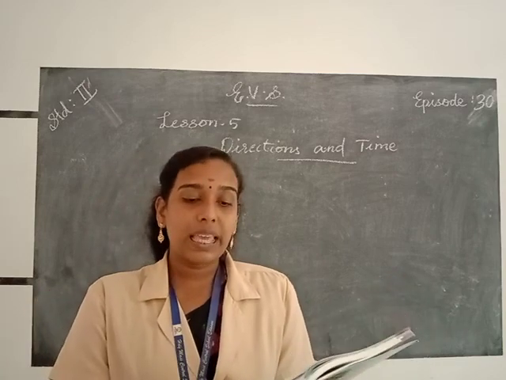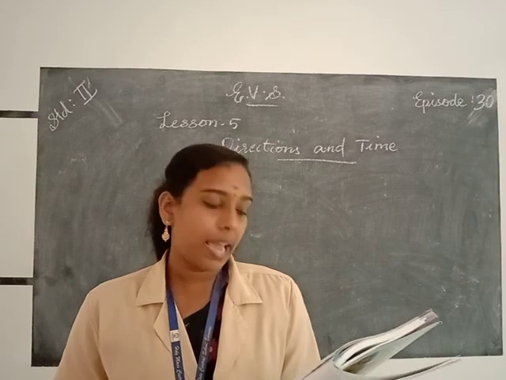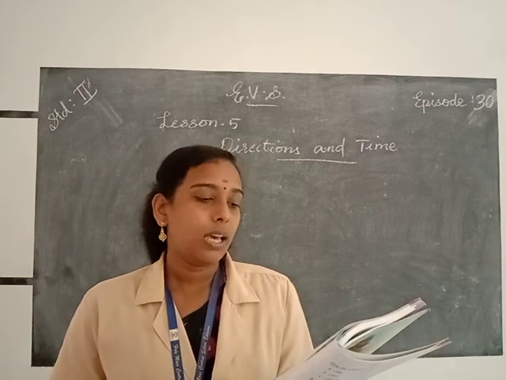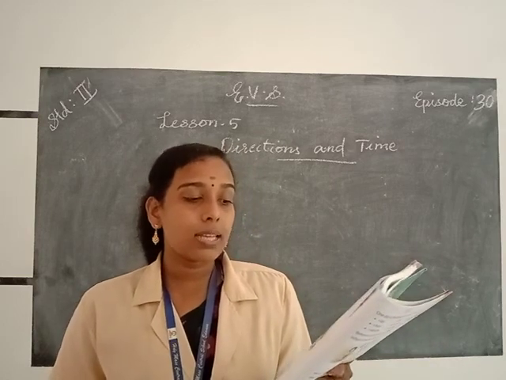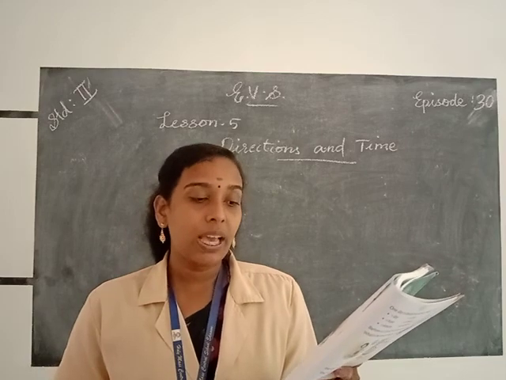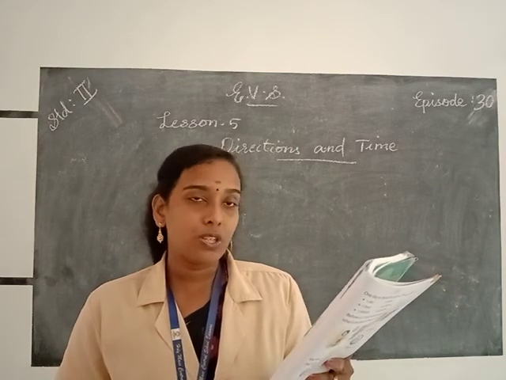We measure these 24 hours with the help of a clock. The face of the clock has numbers 1 to 12. It has a long hand and a short hand.